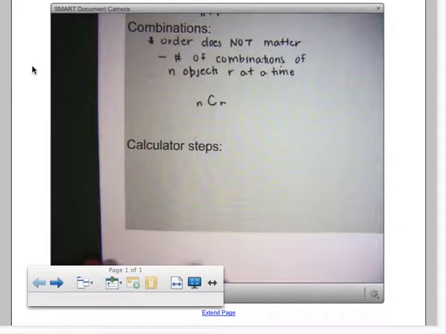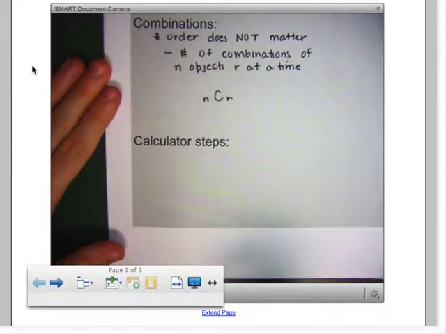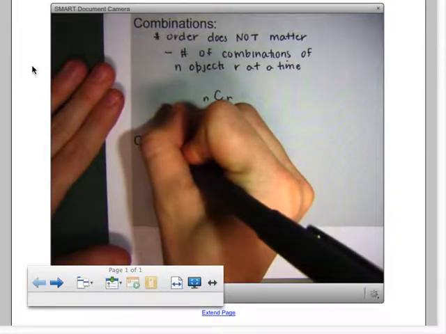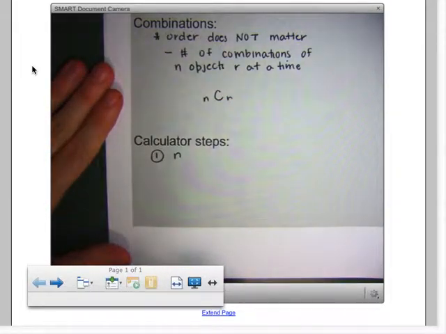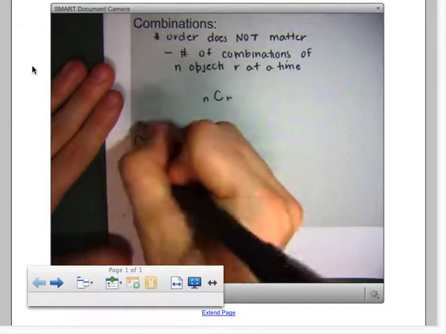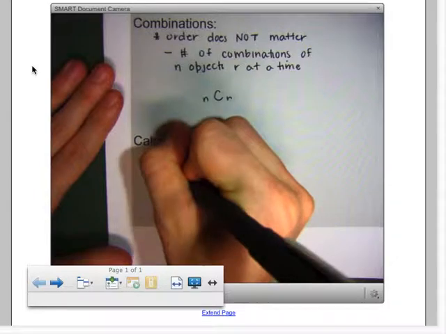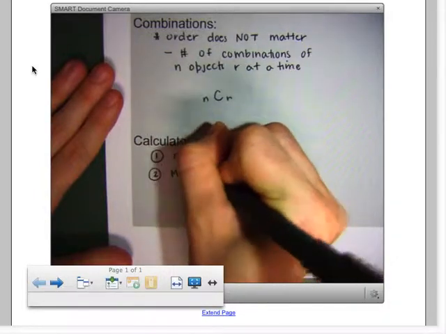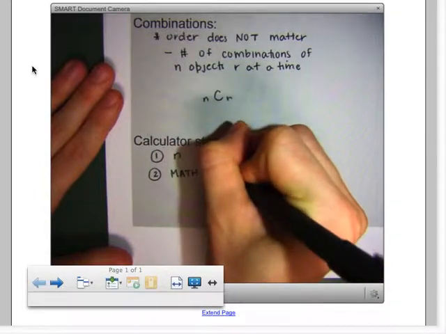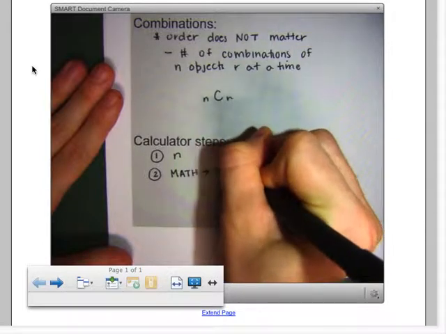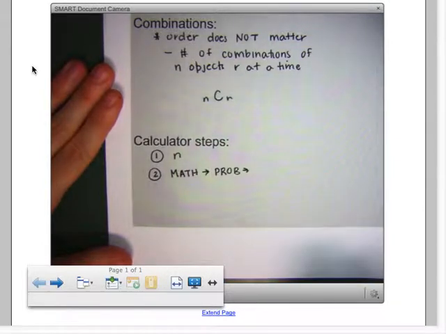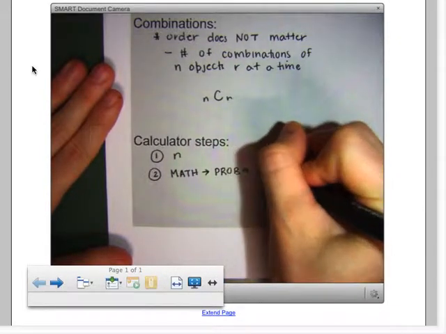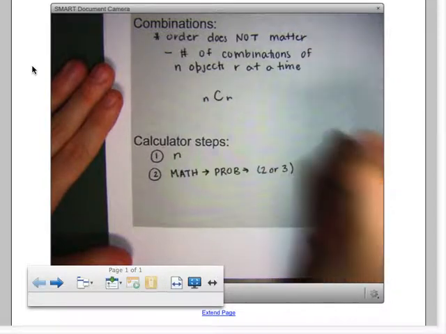Okay, so on the calculator, there are 4 steps. The first step, we're just going to enter whatever n is into the calculator. So if n is 5, I'm just going to put in 5. Okay, and then the second step, I'm going to go to math, over to probability, and then I'm going to select option 2 or 3.